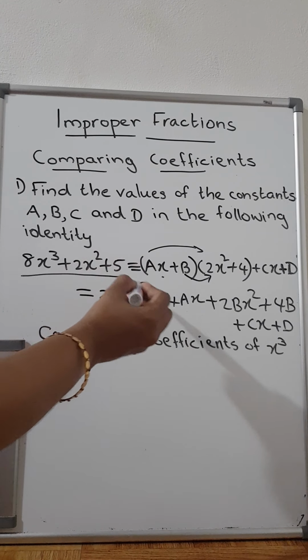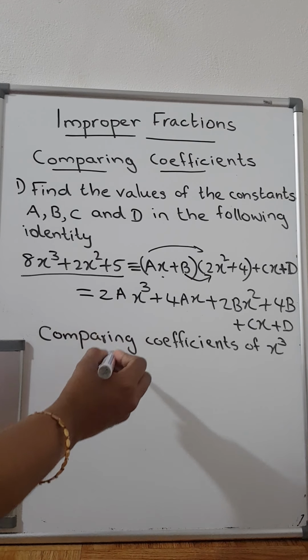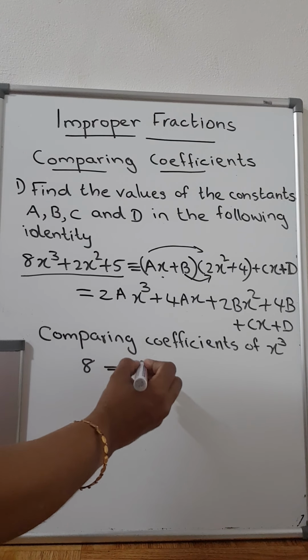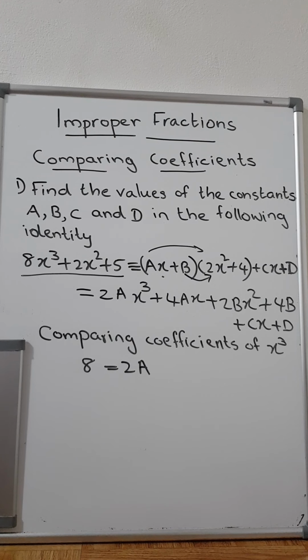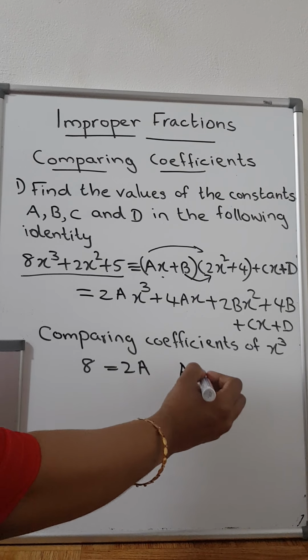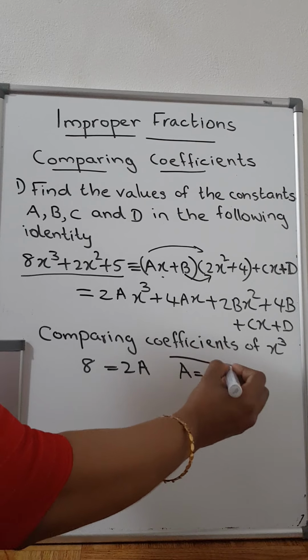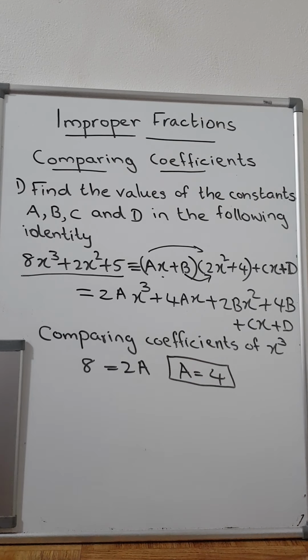On the right hand side, we have only one term with x cubed and the coefficient is 2a. So we get 8 is equal to 2a, or 2a is equal to 8. That means a is equal to 8 divided by 2, that is 4. We got one unknown, a is equal to 4.